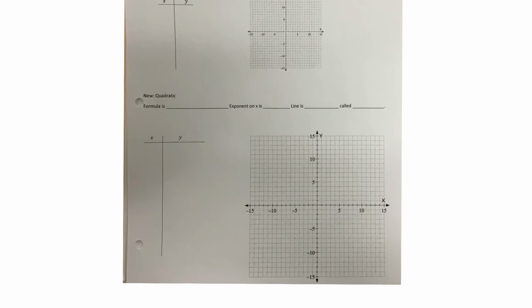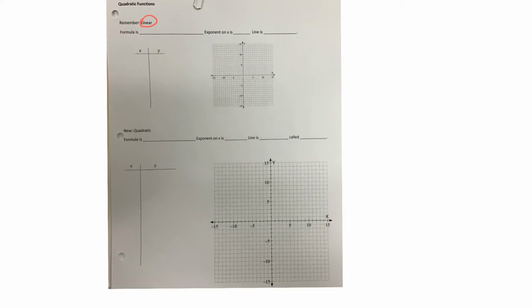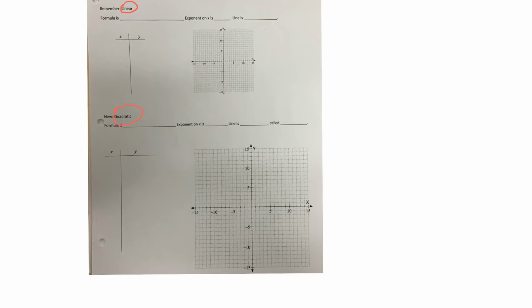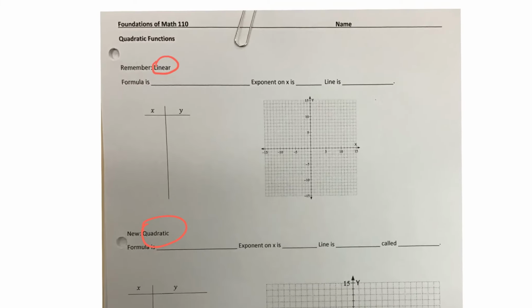Now, everything we have learned up until now has been something we called linear lines. So they were straight. They went on an angle. They kind of looked like a mountain. And our new ones are going to be called quadratics. So let's take a look at linear and remember what we know.